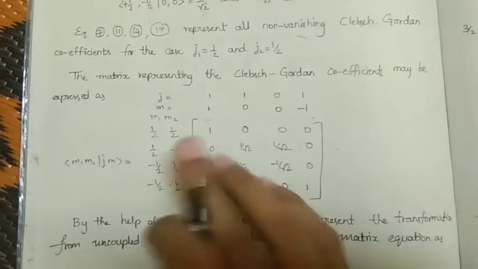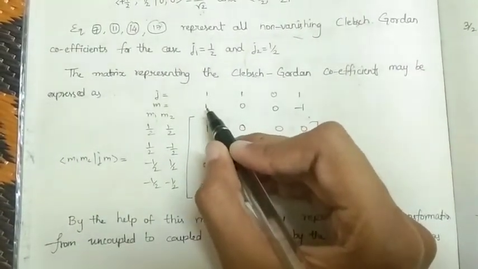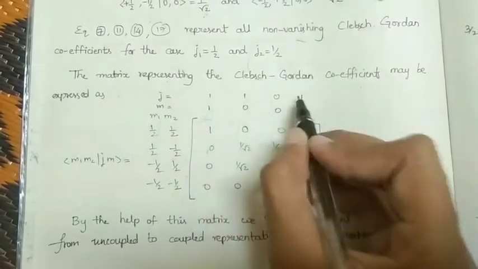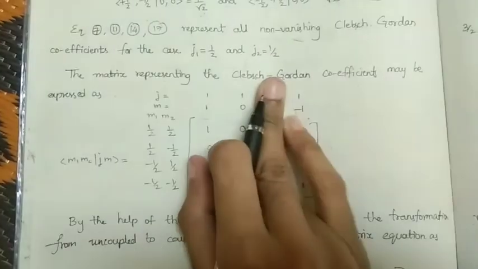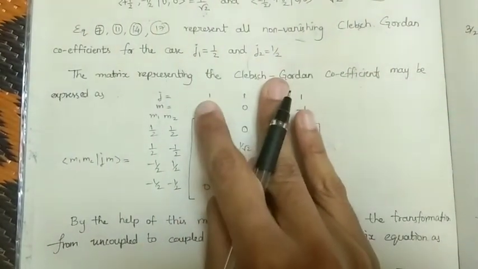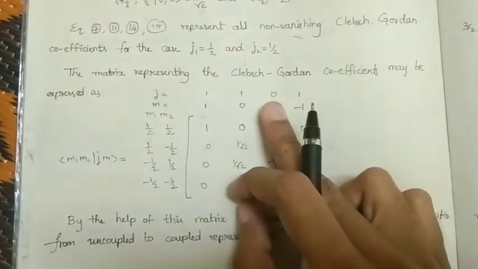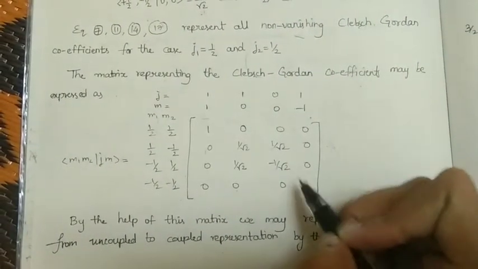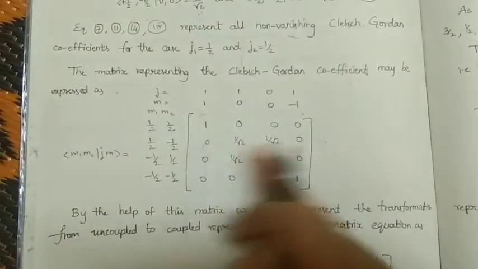So in the matrix form, for j equals 1, the m values are 1, minus 1, 0, 1, so we have these three possibilities. And for j equals 0, we have m equals 0.